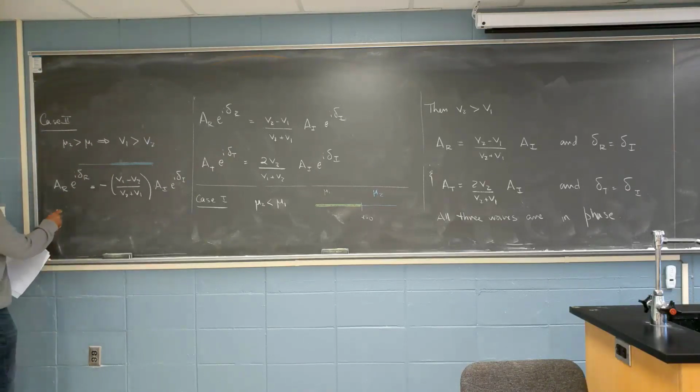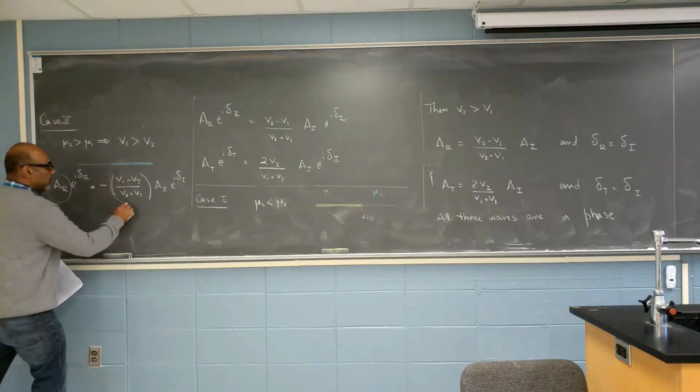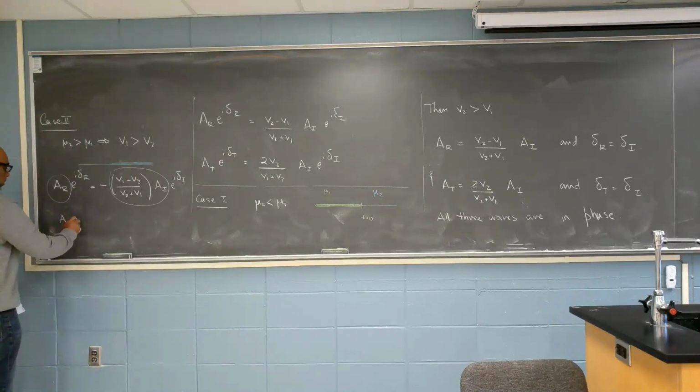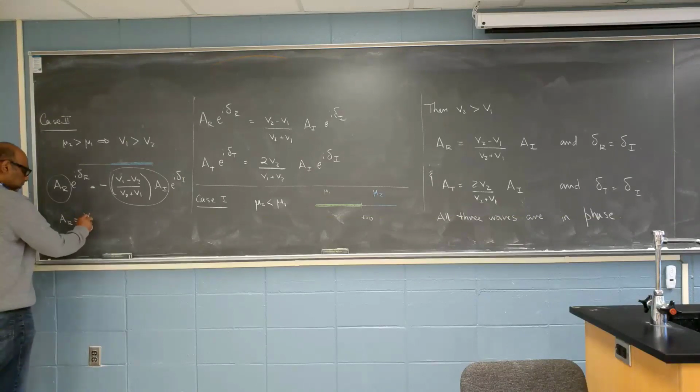So what I'll do is I'll let this equal the positive version of that. So the reflected amplitude AR is still positive.